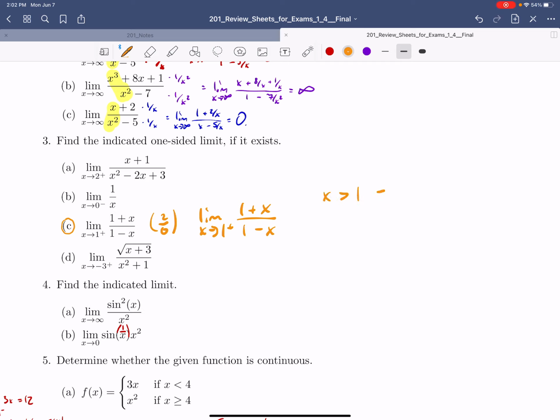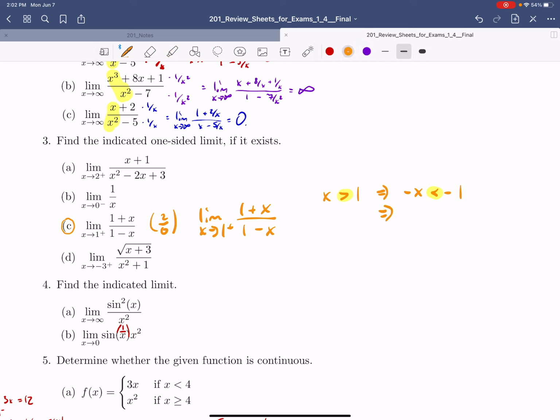right? So that implies that negative x is less than negative 1, right? Because when you have an inequality and you multiply it by negative 1, the inequalities switch.